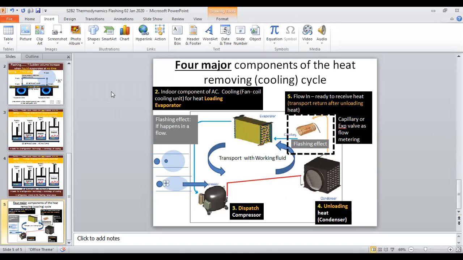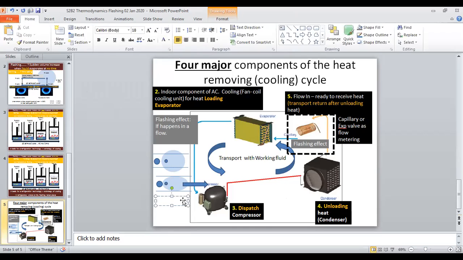You have to be very concerned when you design expansion devices. In the expansion valve or capillary, the flashing takes place gradually along the length of the capillary.